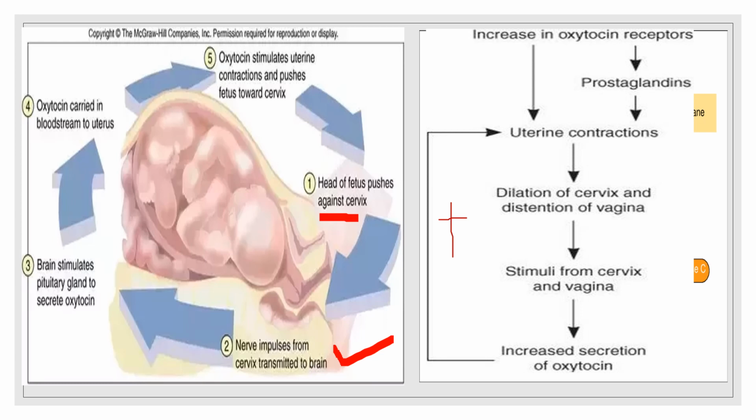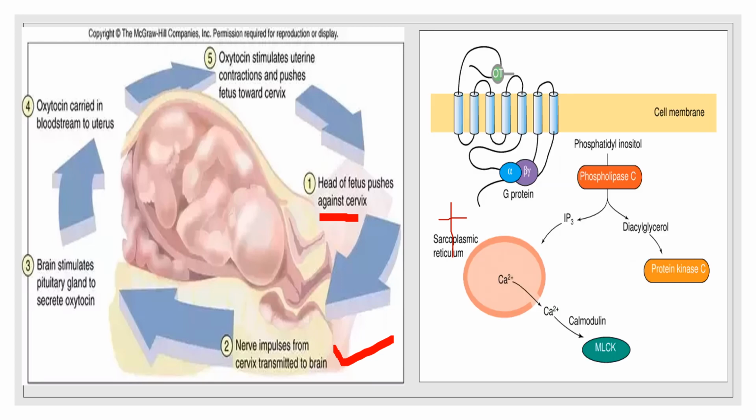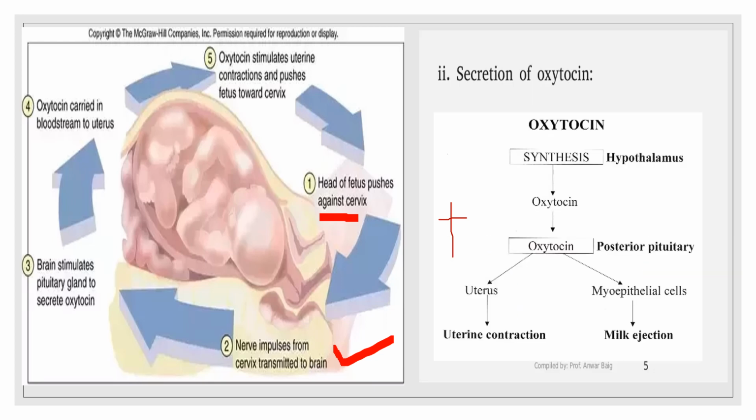Now what is the function of oxytocin? It enhances the intracellular calcium concentration, and by this it stimulates the myoepithelial cells to increase contractility. It also enhances the local prostaglandin, which also increases the contractility of the uterus.